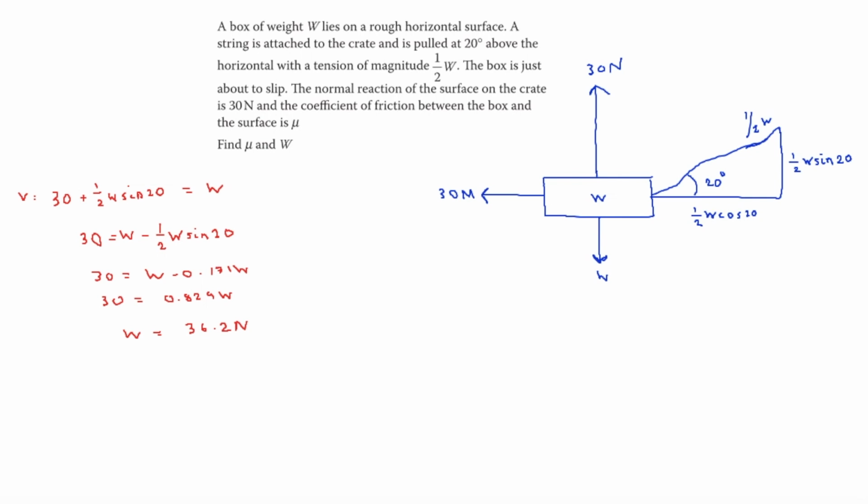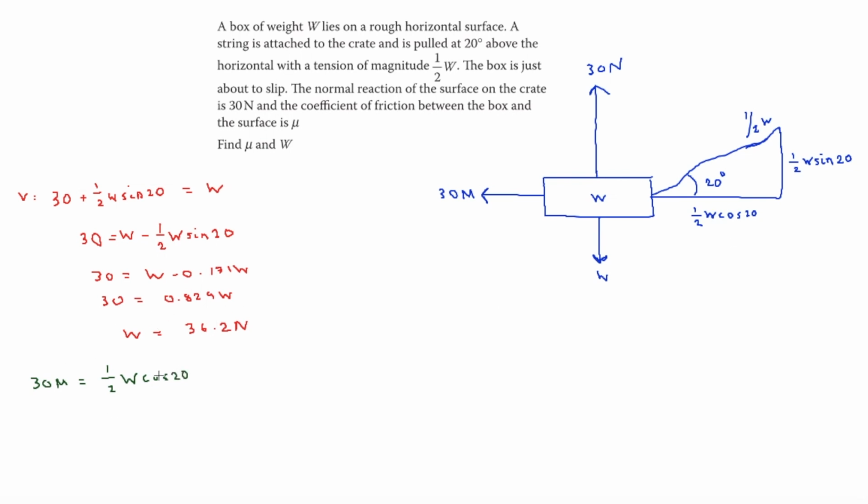Now we need to resolve horizontally in order to work out what the coefficient of friction is. So that means we're going to have 30 mu equal to a half W cos 20. Sub in what W is.